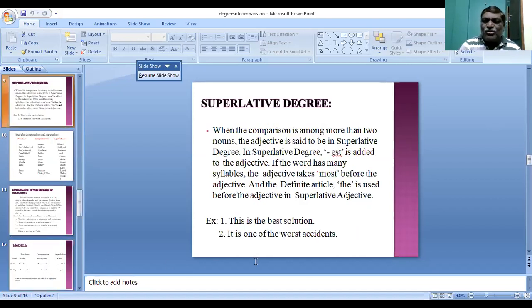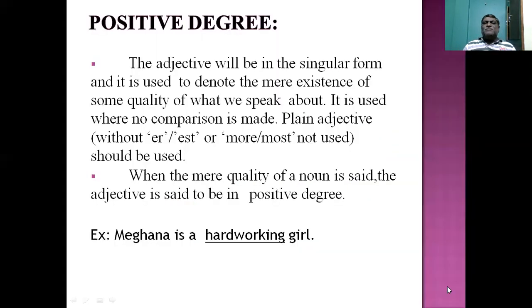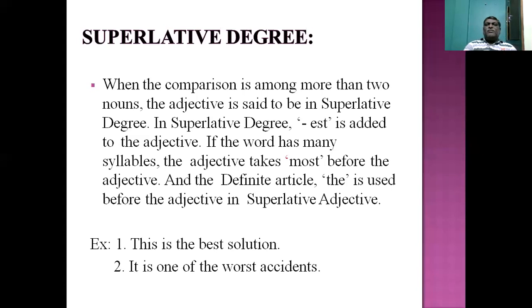Now let us go to a superlative degree. A superlative degree comes when you have more than two things, more than two nouns, that you are talking about. Maybe more than two groups, countries, people, items, or subjects, or anything.